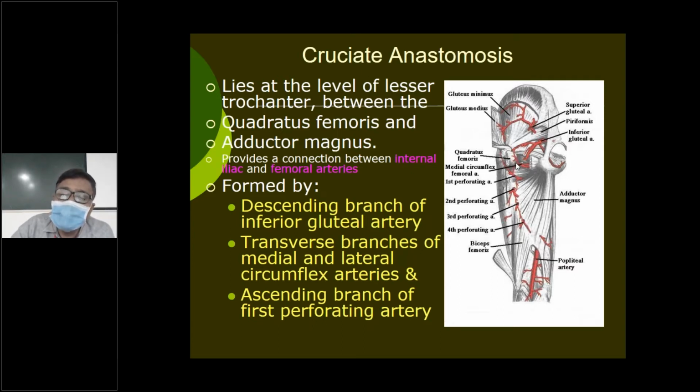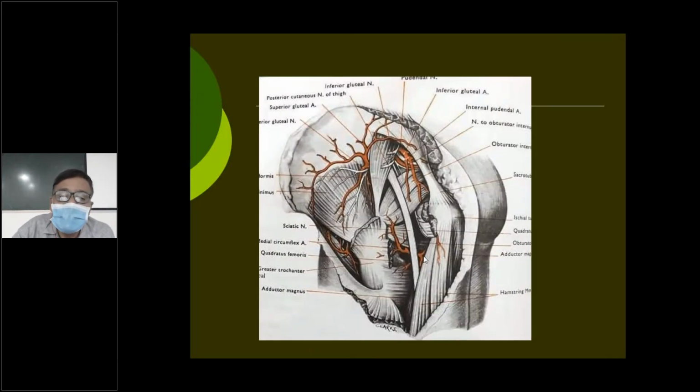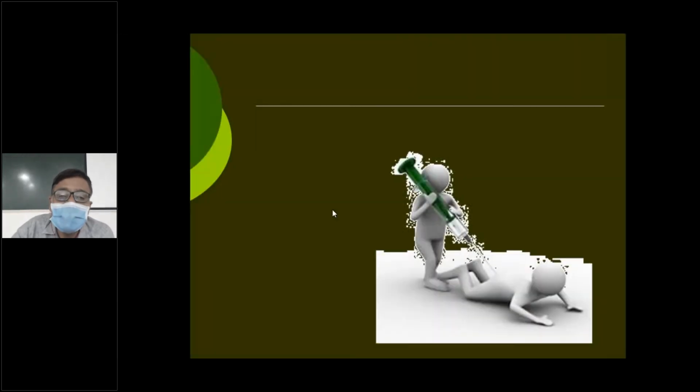So from below, the ascending branch of the first perforating artery; from above, one branch of the inferior gluteal artery; and medially and laterally, transverse branches of the circumflex femoral arteries. When this anastomosis is between the quadratus femoris and adductor magnus, it is called the cruciate anastomosis. This is an important question from the exam point of view. So this is the location, the cruciate anastomosis.